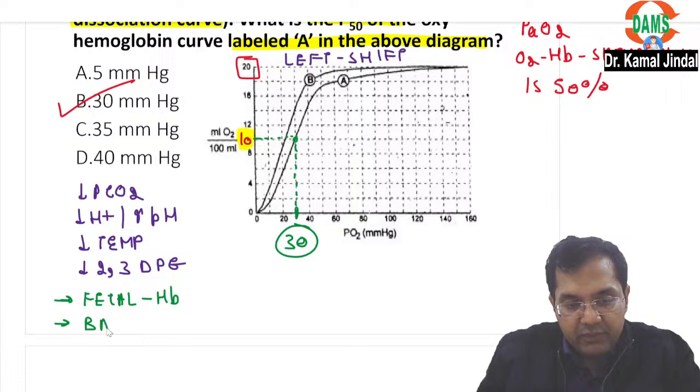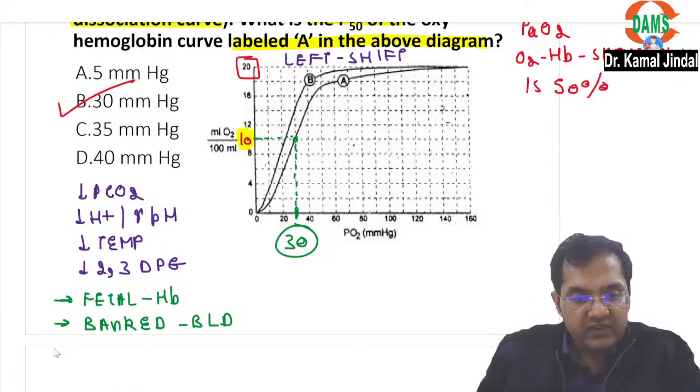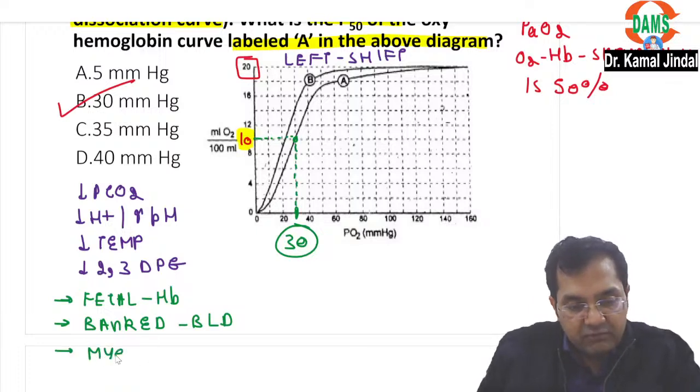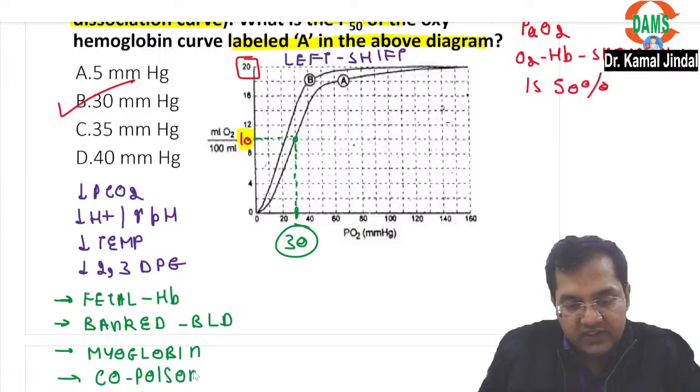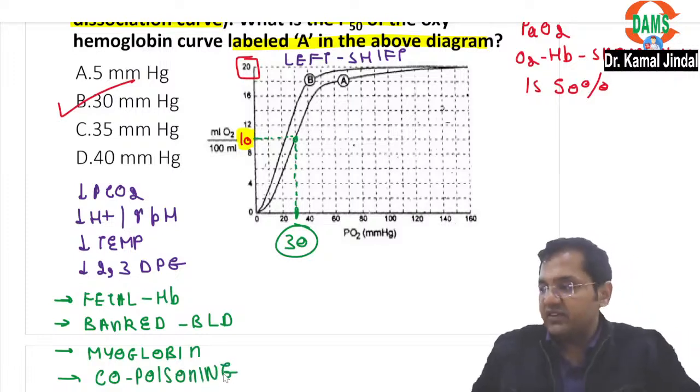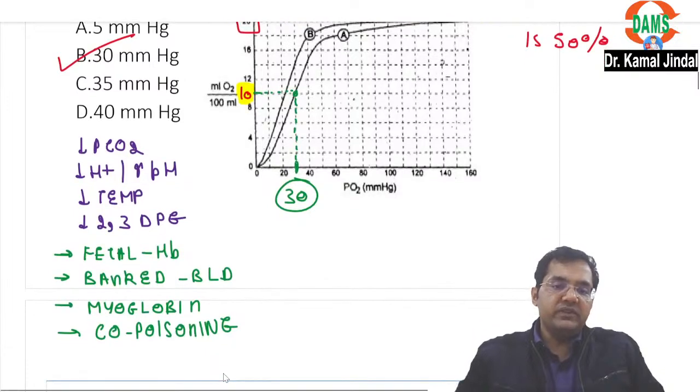Then we have bank blood, the blood which is stored in the blood banks, because it is stored at a lower temperature. Then we have myoglobin, whose curve is extremely left shifted. And finally we have carbon monoxide poisoning, which I will discuss in another question which I have given you.